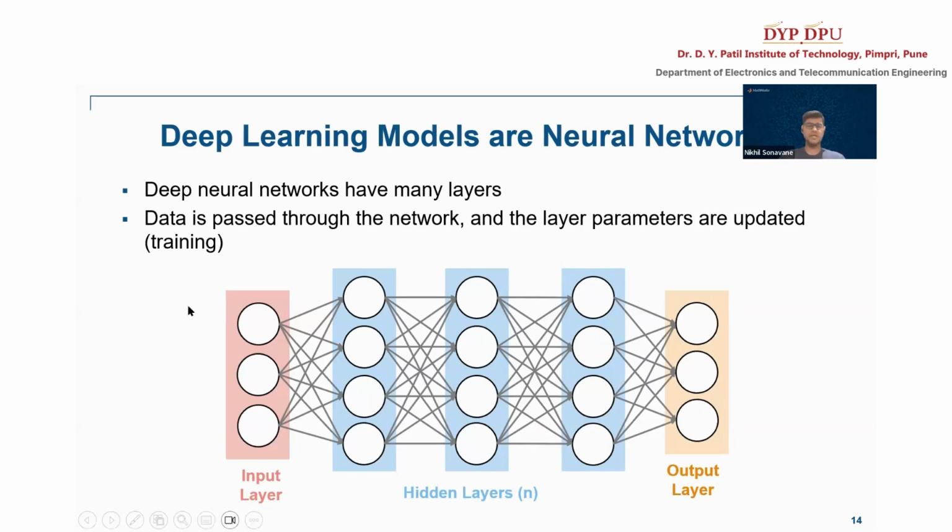that there is some data which is fed to the input layer over here, and then this data is passed to multiple of these neural networks. So these blue layers are the hidden layers internally in a network, and then there is an output layer which gives out the output.